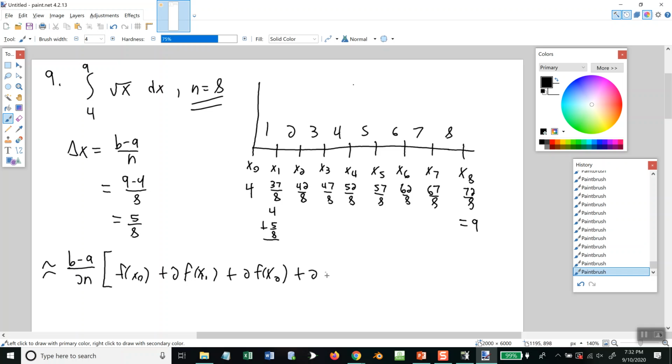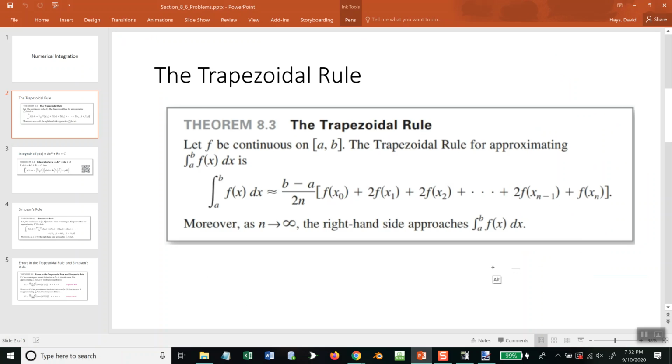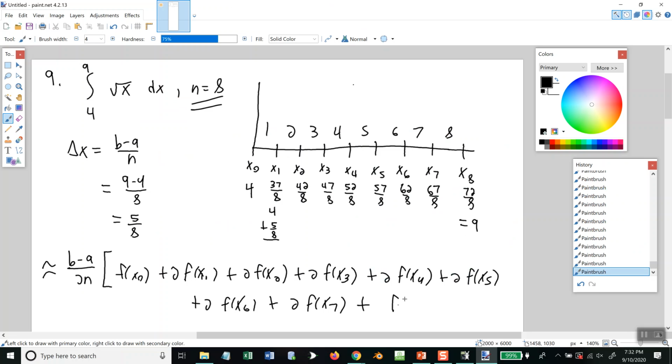I'm not going to keep saying that. And then our last one, which is the fn from our formula, doesn't have a number in front of it. So that's f of x8.